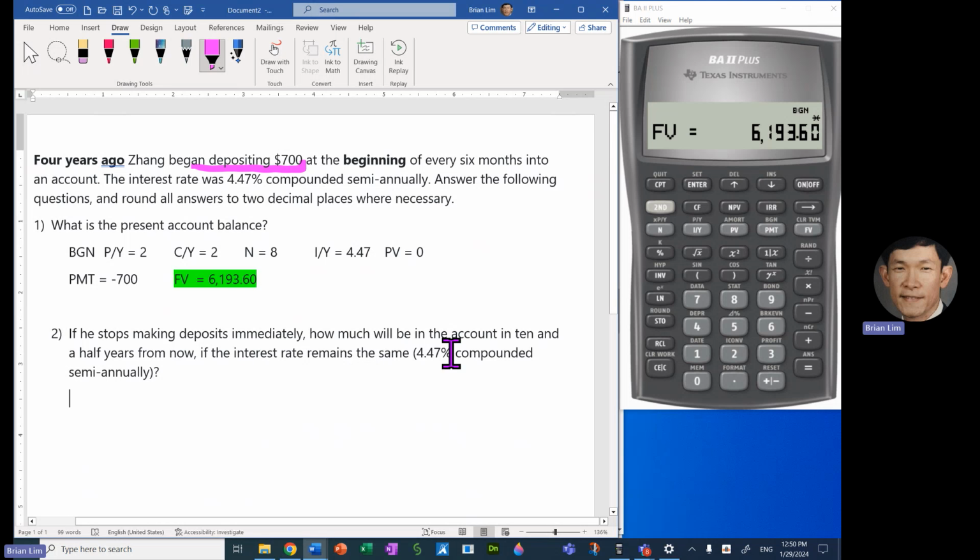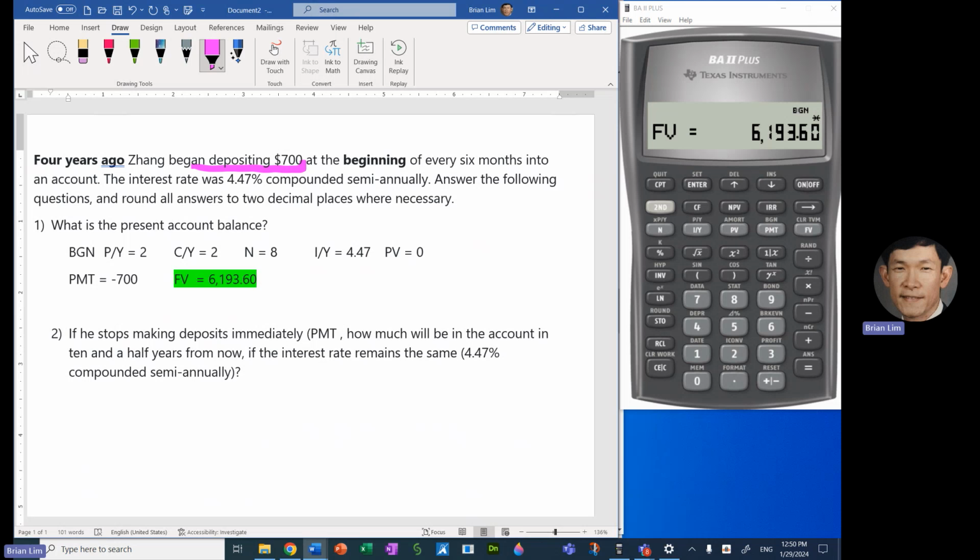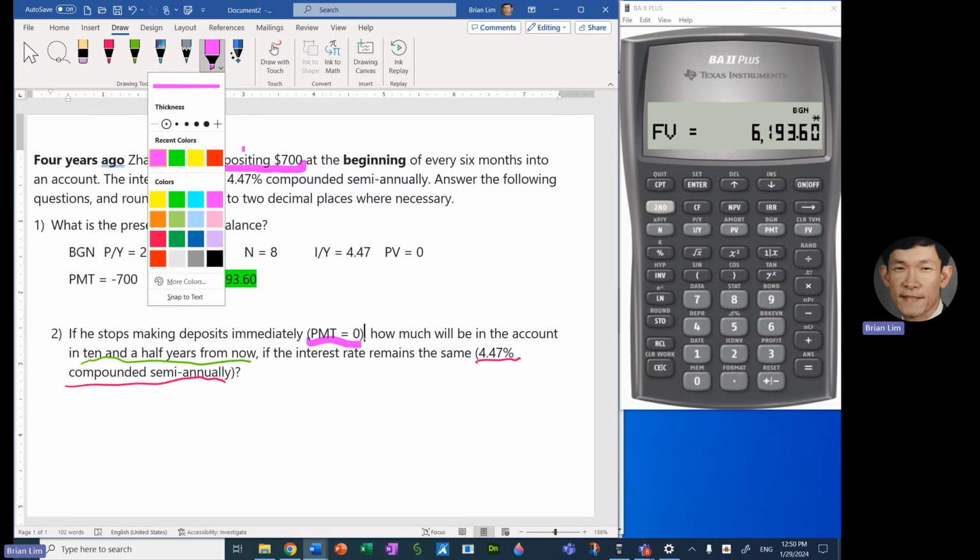Now let's go down here, and it says that he stops making deposits immediately. What happens there? Well, it means that the PMT becomes 0. So we can underline that part, and this will go on for 10.5 years from now. Now the interest is 4.47 compounded semi-annually. Because deposits have stopped, we will use a different color for this.